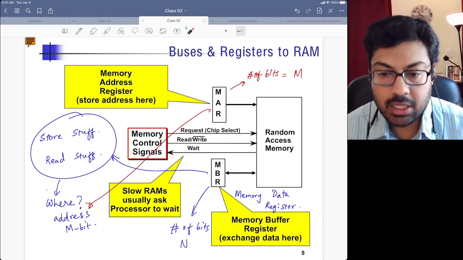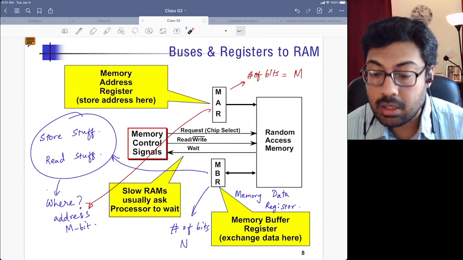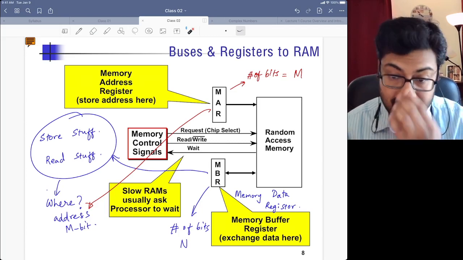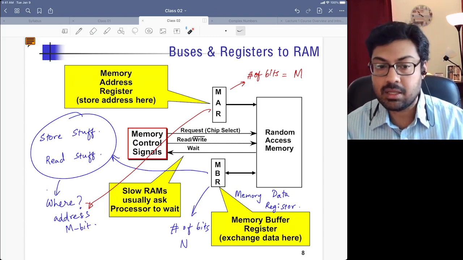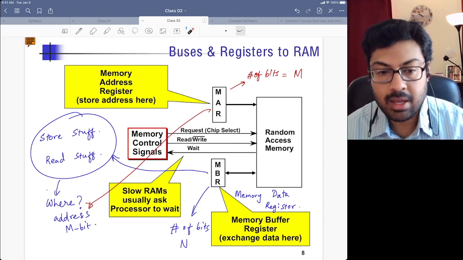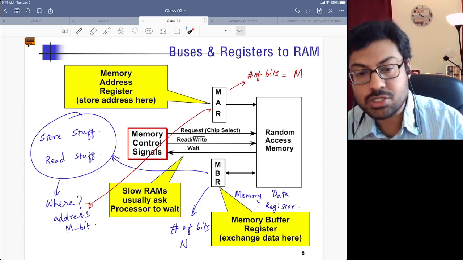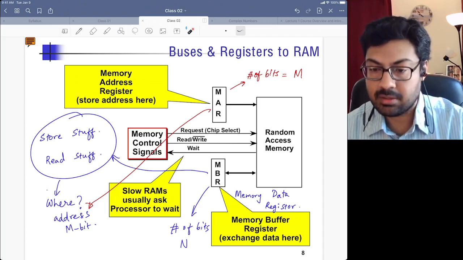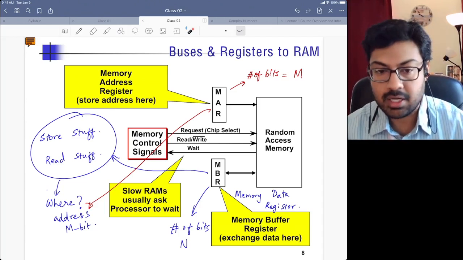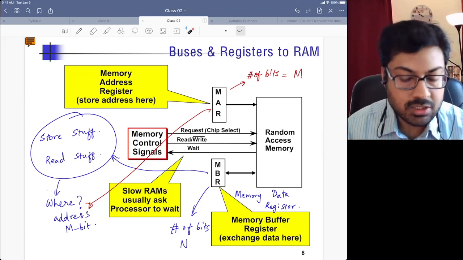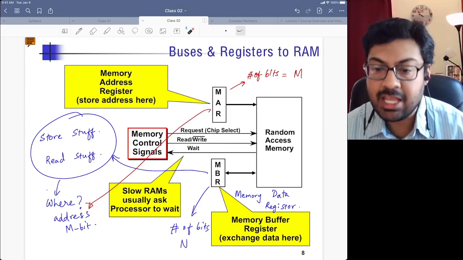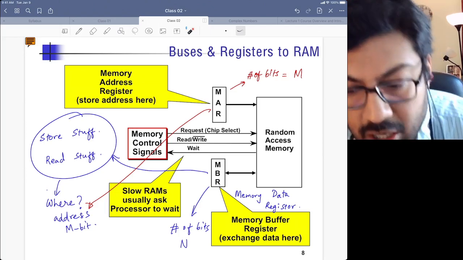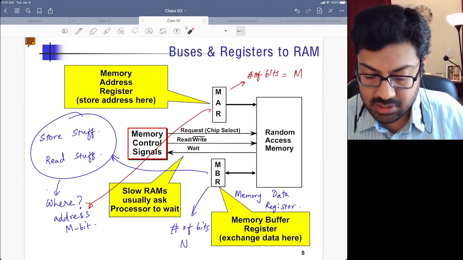But like I've mentioned, there's a clock everywhere, but we are not showing that explicitly at all places. There's the master clock that is keeping everybody in sync, all the components in sync, registers, RAM, control unit, all the buses, everything is being clocked using one master clock. We are not showing that here just because it's everywhere.